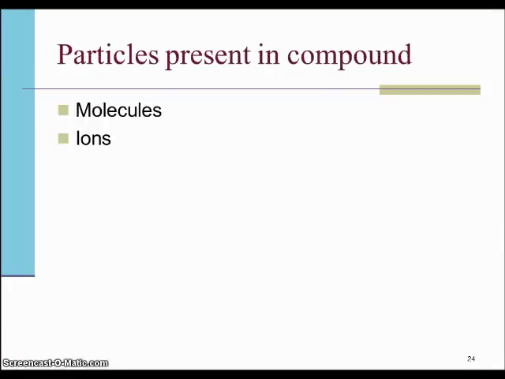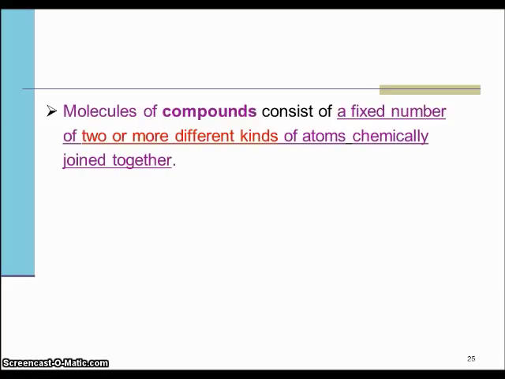Now, when you're talking about compounds, the particles present in a compound can be molecules or ions. Molecules of compounds consist of a fixed number of two or more different kinds of atoms chemically combined together.